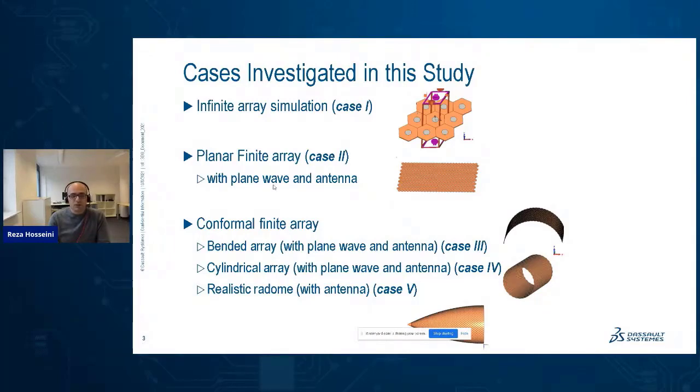Then we go to finite arrays in the conformal domain, so it's not planar anymore. We have a bent or curved array, again with a plane wave and an antenna, a cylindrical array with a plane wave, and realistic radomes with the antenna inside.